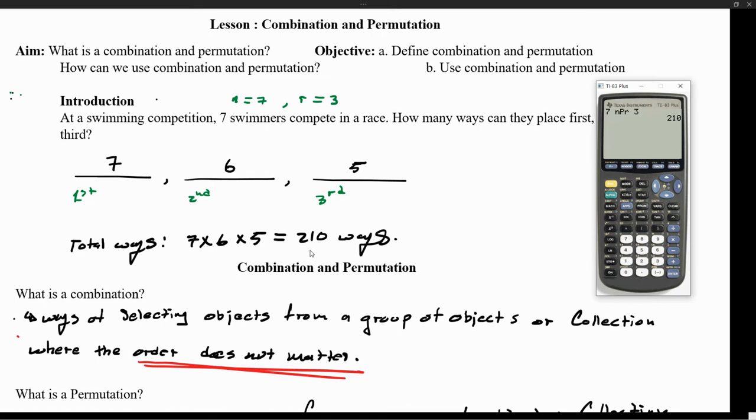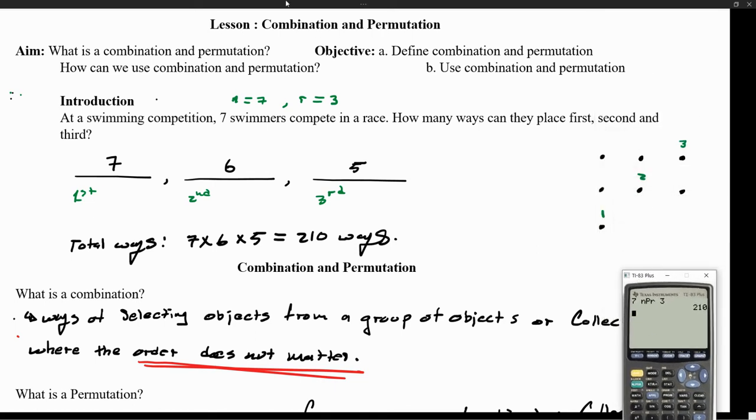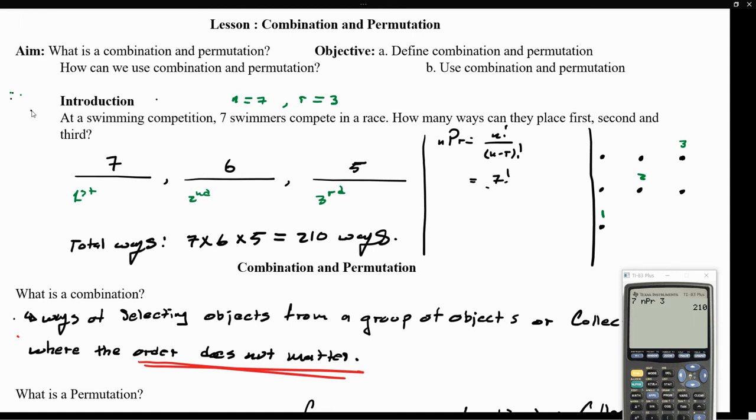That's with the calculator. But if you want to actually use the formula, let's do this real quick. Remember that for permutation, nPr is equivalent to n factorial over n minus r factorial. Well, n is 7, so we get 7 factorial divided by 7 minus 3 factorial, which is equivalent to 7 factorial over 4 factorial.